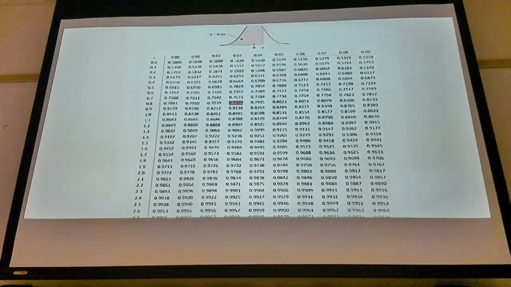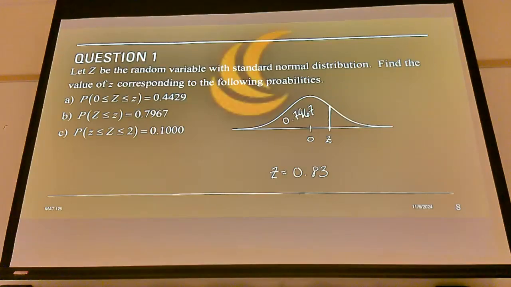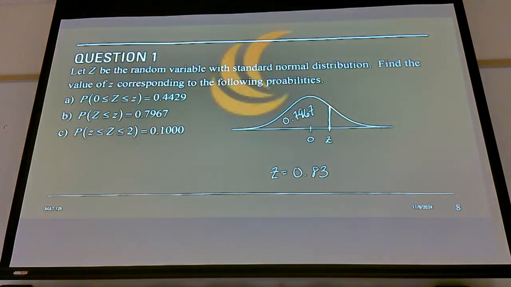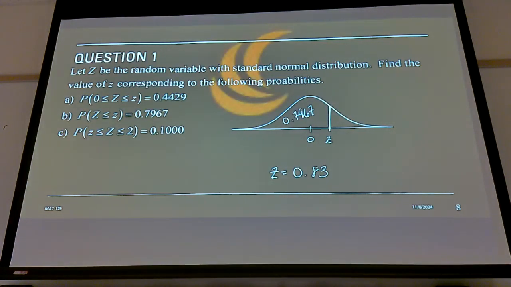So, for that, we have to just get the estimate for the Z. 0.79 is kind of the 80%, and then there's the 20%.